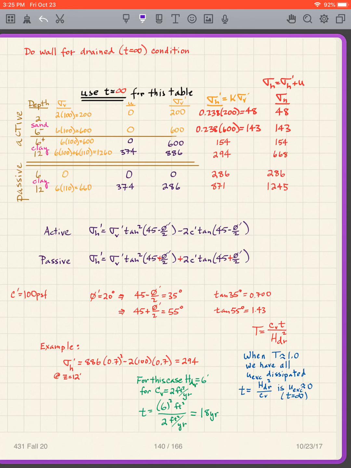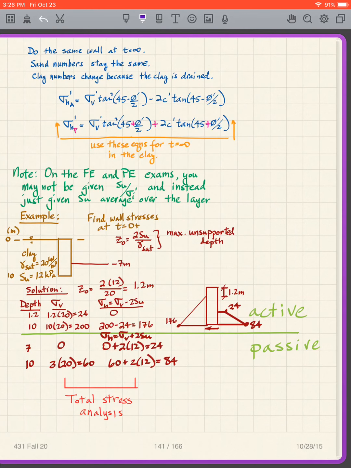So we're looking at about 18 years as the time when all the excess pore pressures would be dissipated, and that's when we would consider the situation to be drained. Okay, so anyway, it's just a rough calculation if you're going to try to figure out when these stresses will be on our wall, or when we are relying on those stresses to be on the wall. That time is approximately 18 years after construction.